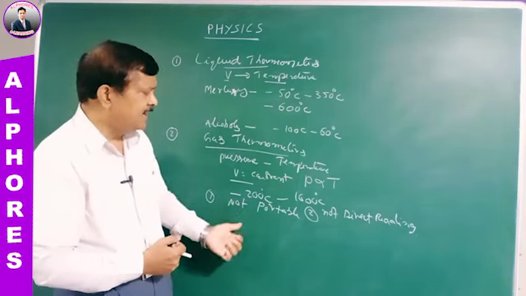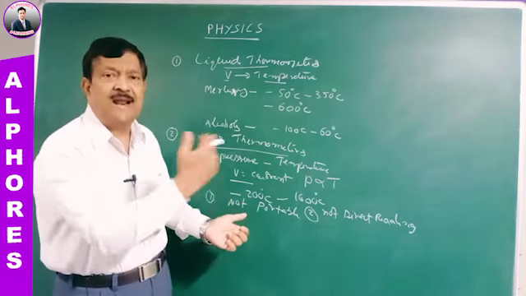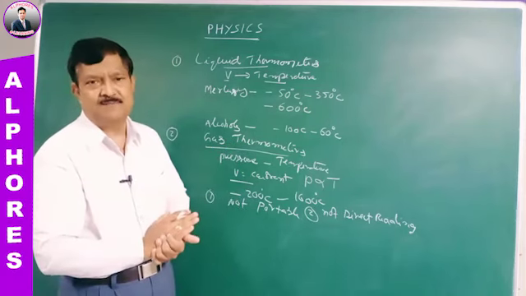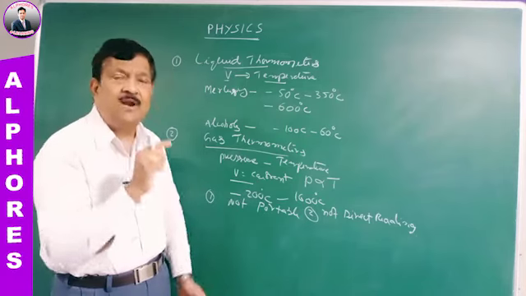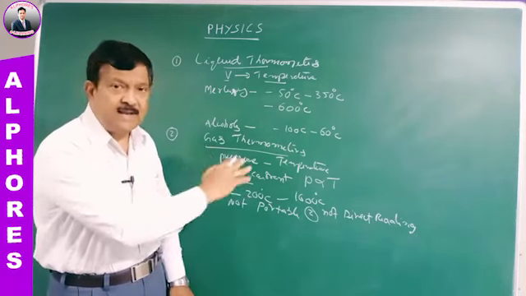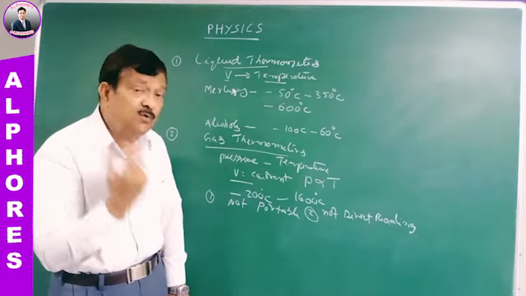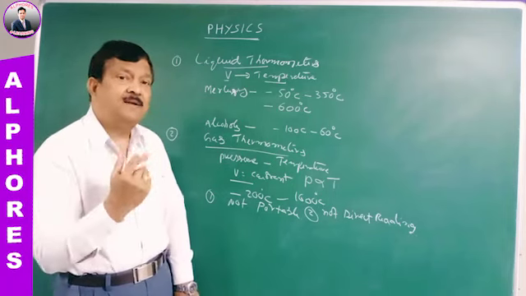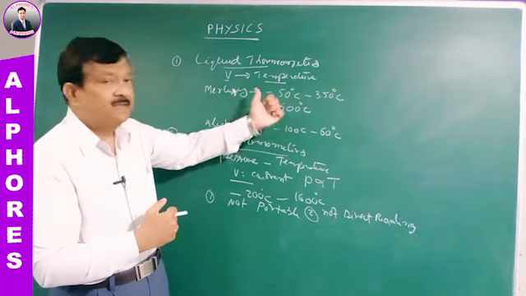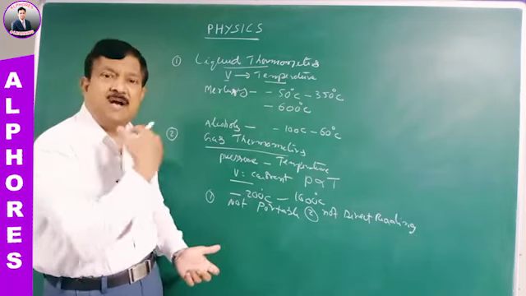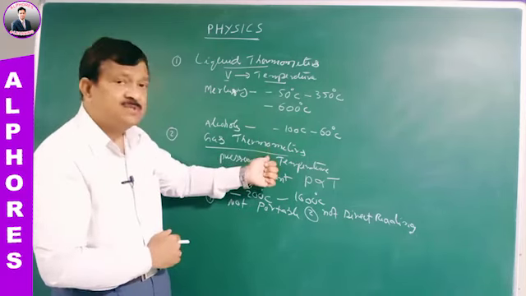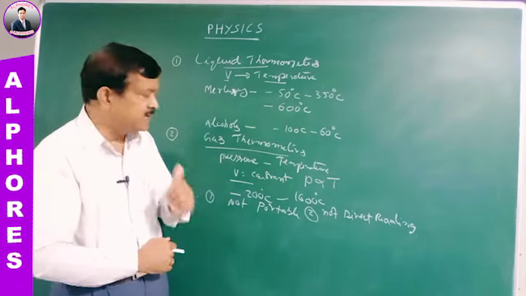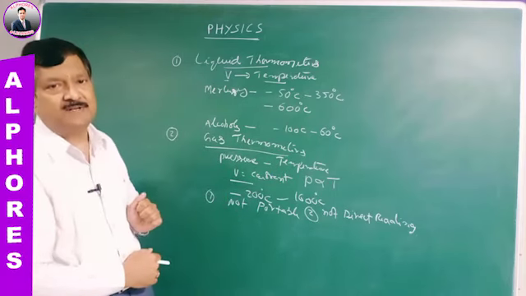So generally it is not used in day-to-day life to measure the temperature. But because it is very sensitive and we can measure the temperature very accurately using gas thermometers, they can be used to compare the results obtained by other thermometers. That means you can standardize other types of thermometers by using the gas thermometer. That is the advantage of these gas thermometers.